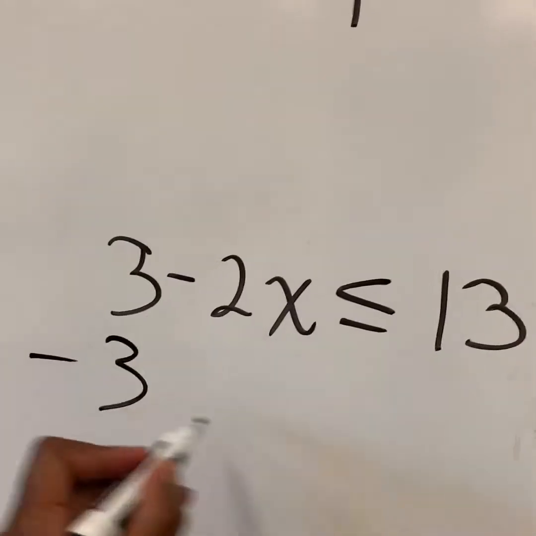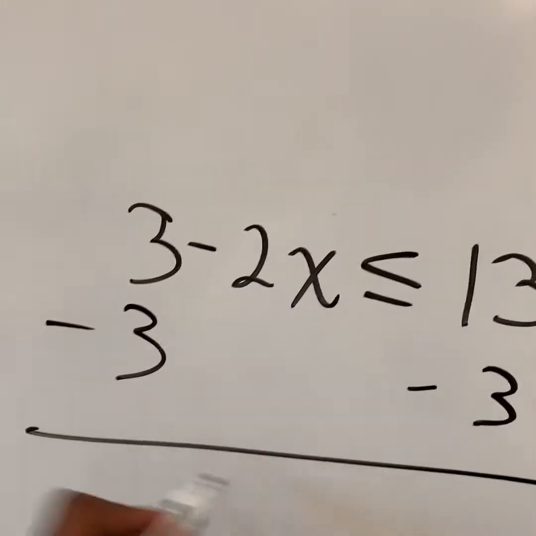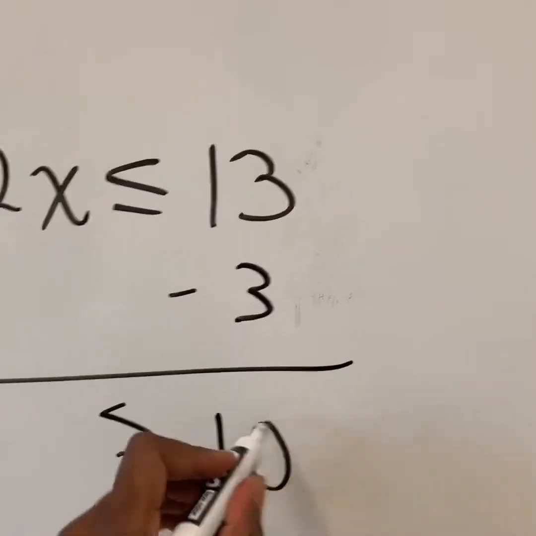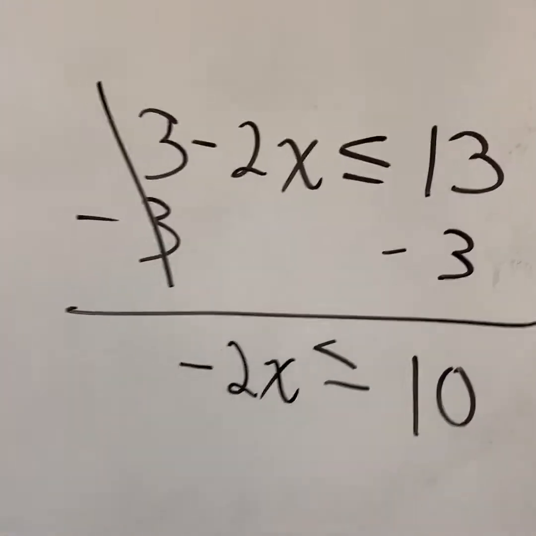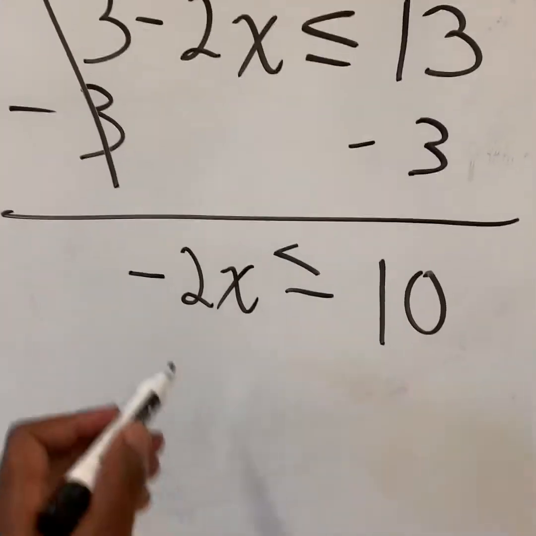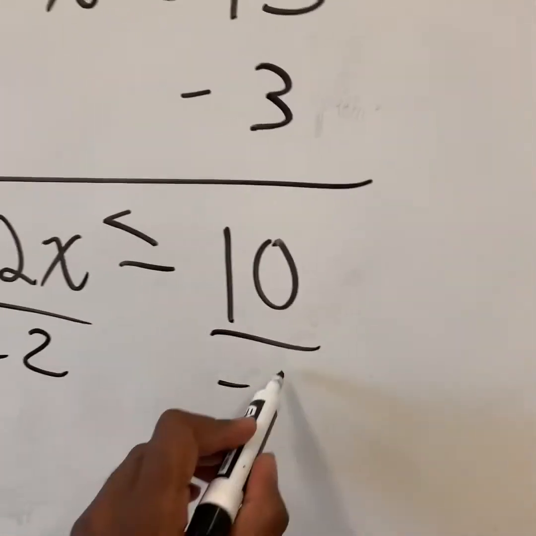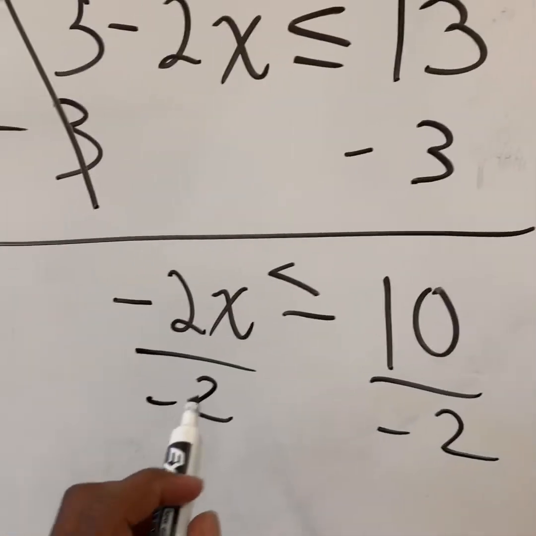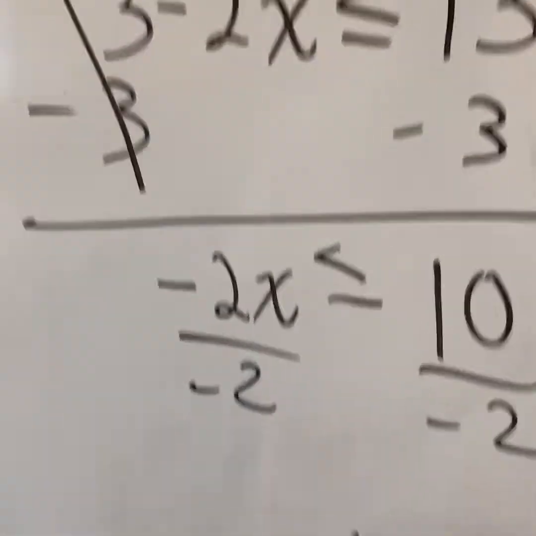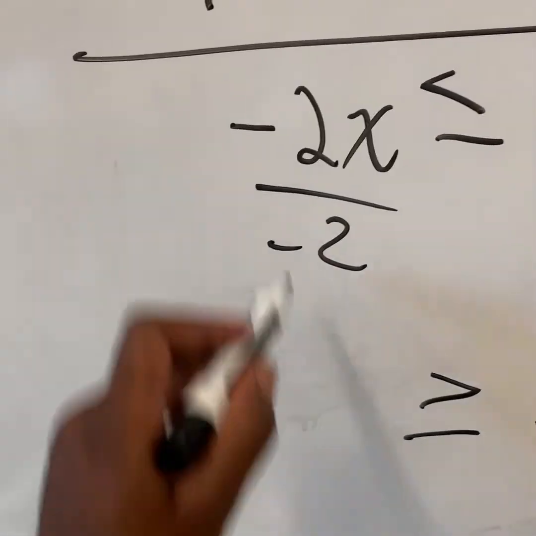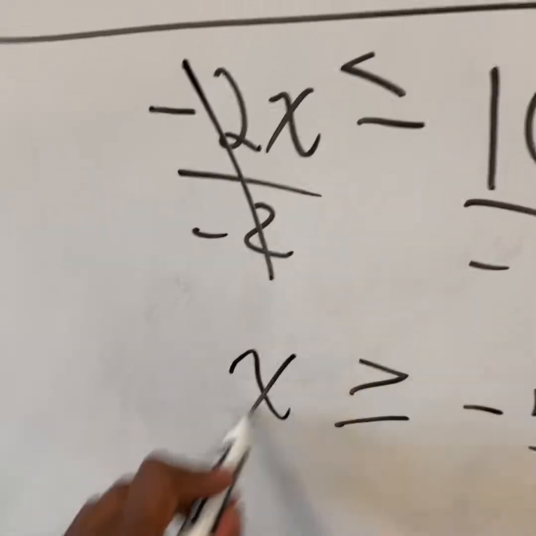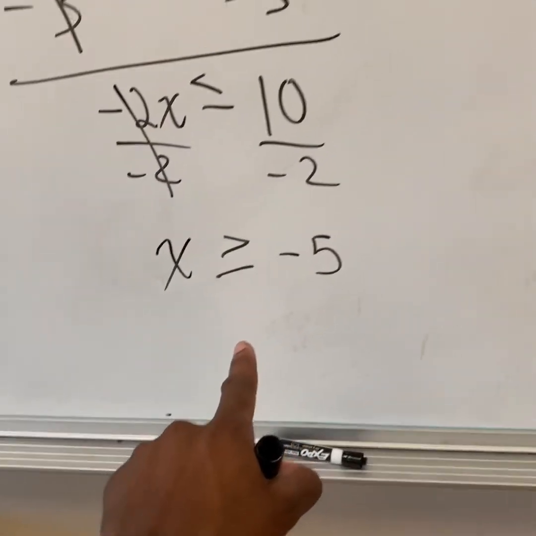You could take away 3 on both sides, and that gives you a 10 there. And now you have a -2x that drops down, and you can divide by a -2. And remember, we just divided by a negative number. That's going to flip. And that's a -5. That crosses out, and there's an x. So we know part of it.